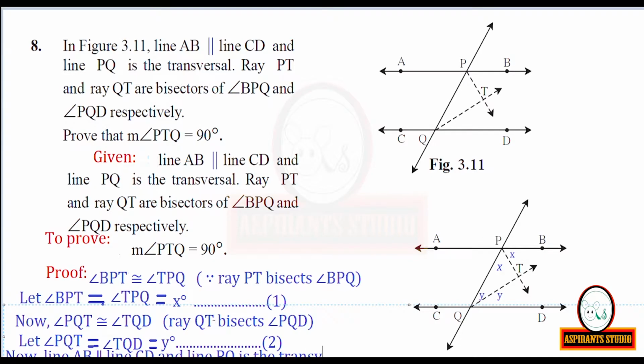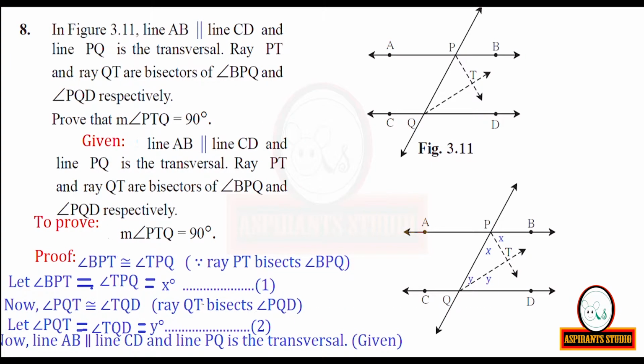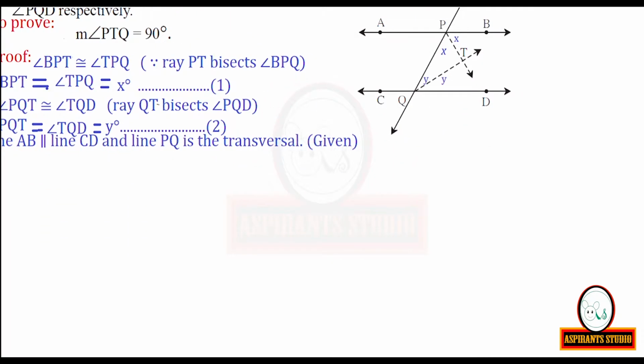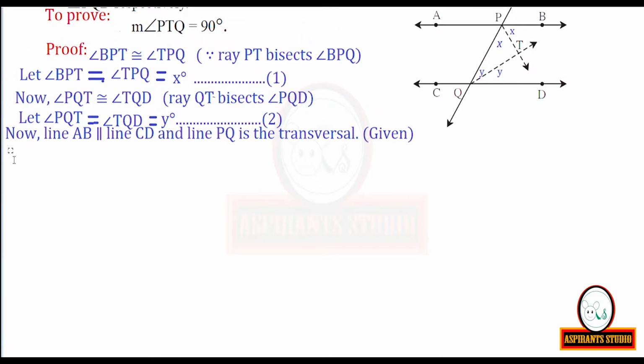Now look at the interior angles. Look at line AB, line CD which are parallel and line PQ is the transversal. So the interior pair will be angle BPQ and angle PQD. You know the property of interior angles. Sum of the measures of the interior angles will be equal to 180 degrees.